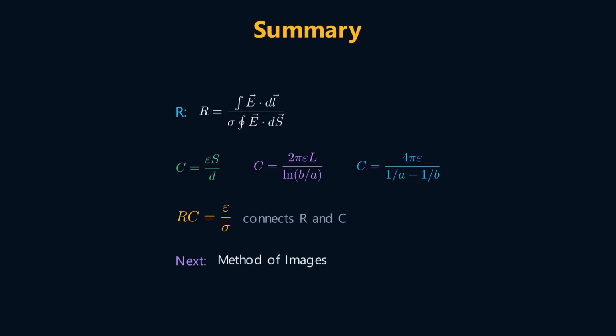For capacitance, the three key formulas are parallel plate, C equals epsilon S over D, coaxial, C equals 2 pi epsilon L over ln B over A, and spherical, C equals 4 pi epsilon over 1 over A minus 1 over B. The elegant result, RC equals epsilon over sigma, connects resistance and capacitance for any geometry. In our next lesson, we'll explore the method of images.